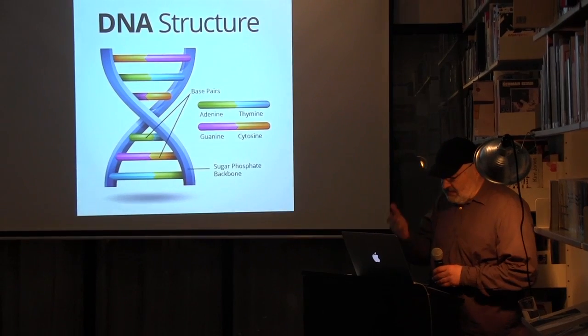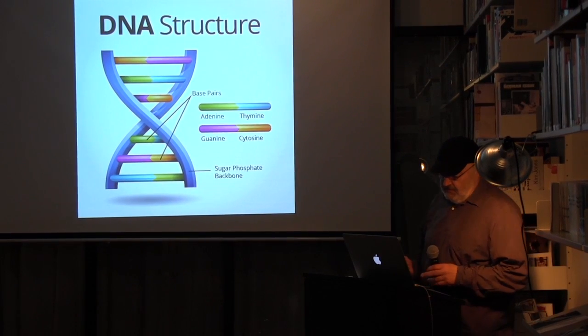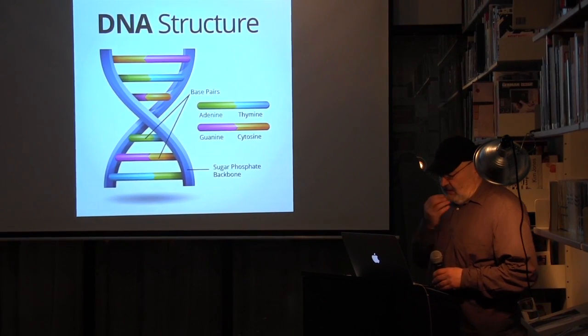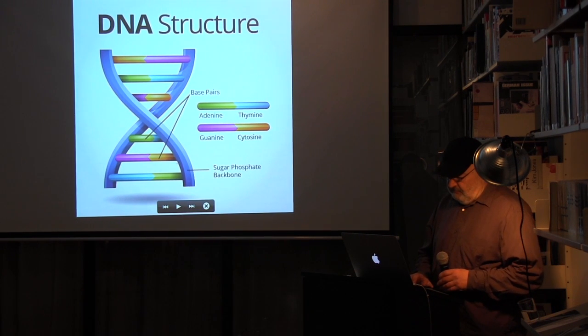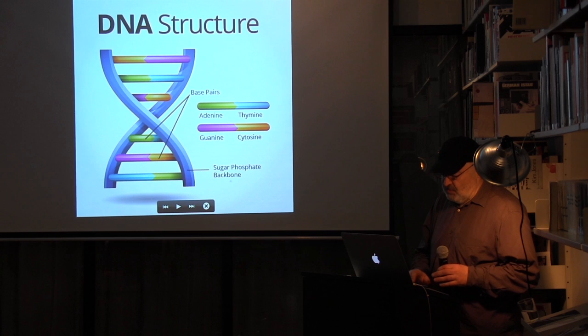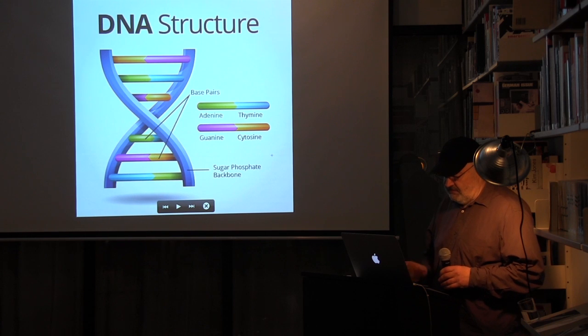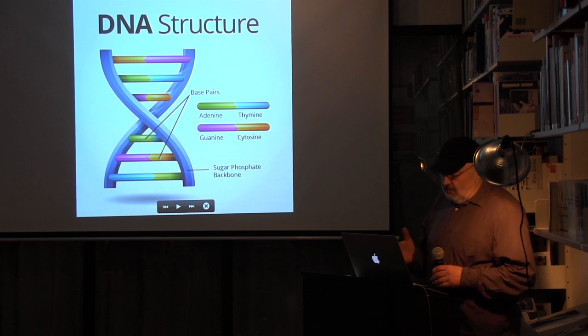So we'll start with this very familiar representation of DNA as a double helix. It has in essence two parts. One is this backbone that is called sugar phosphate, and there are these bonds between that are called the base pairs.